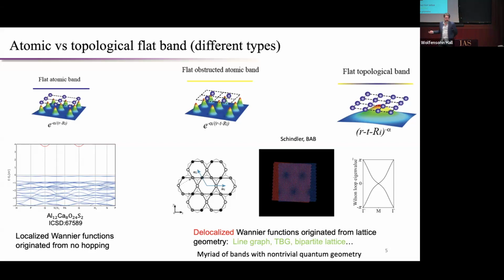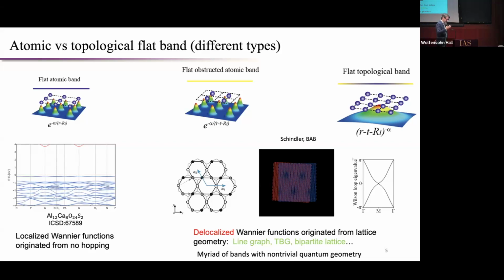There's another type of flat bands, and these are the ones that are the purpose of the talk today, which come from a lot of hopping, even though you have a lot of hopping. And these flat bands are the topological ones. And why are they interesting? Well, if you've got a topological band, as I'm sure you heard many times in this summer school, you have an obstruction to making this band exponentially localized.